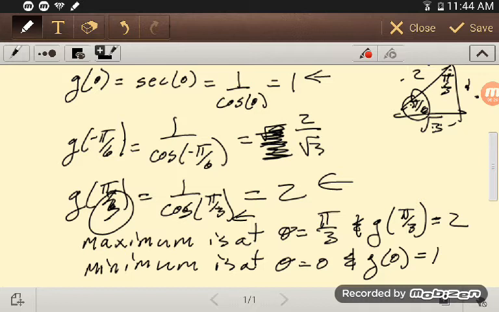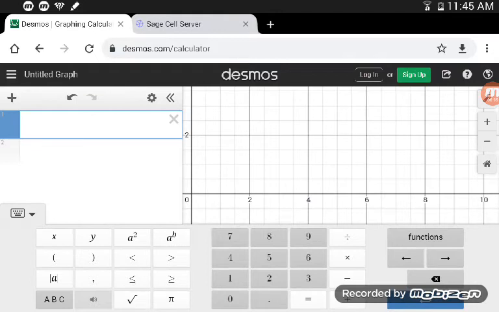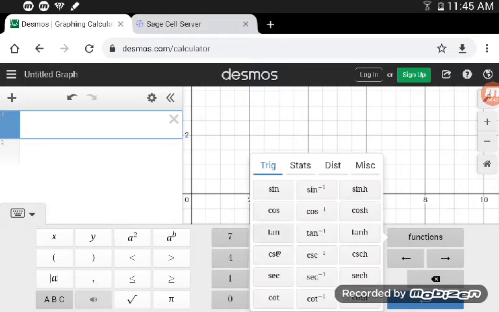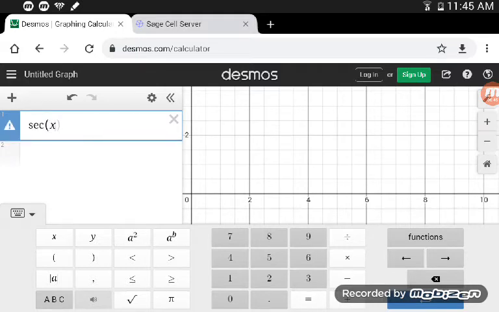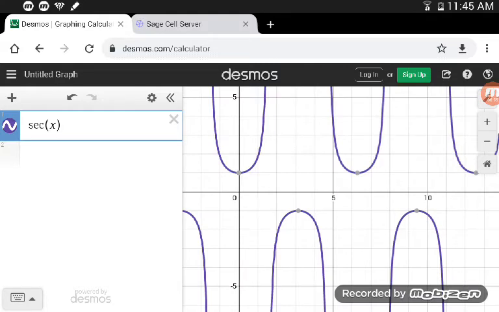And again, you can always go over to Desmos and look at these things. So let's check ourselves and make sure we're correct. So we want the secant of theta. Well, I can just put in secant of x. So we have that. And then to look at our proper intervals, we had minus pi over 6.